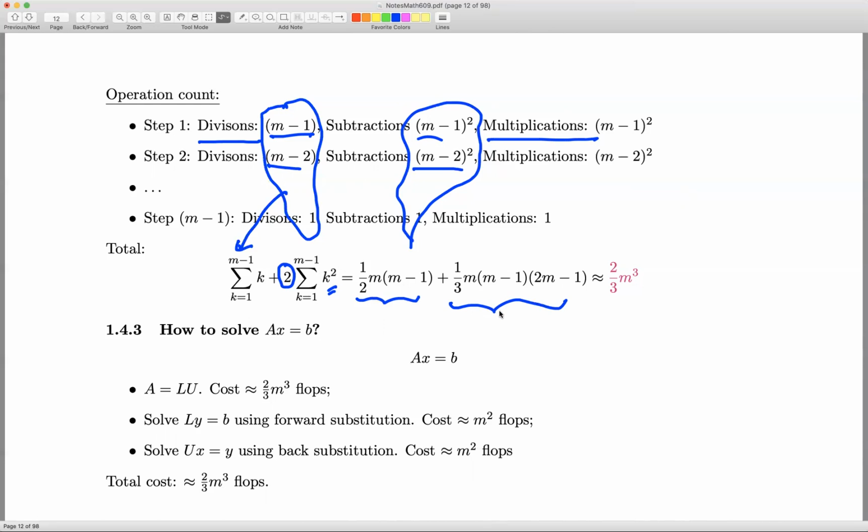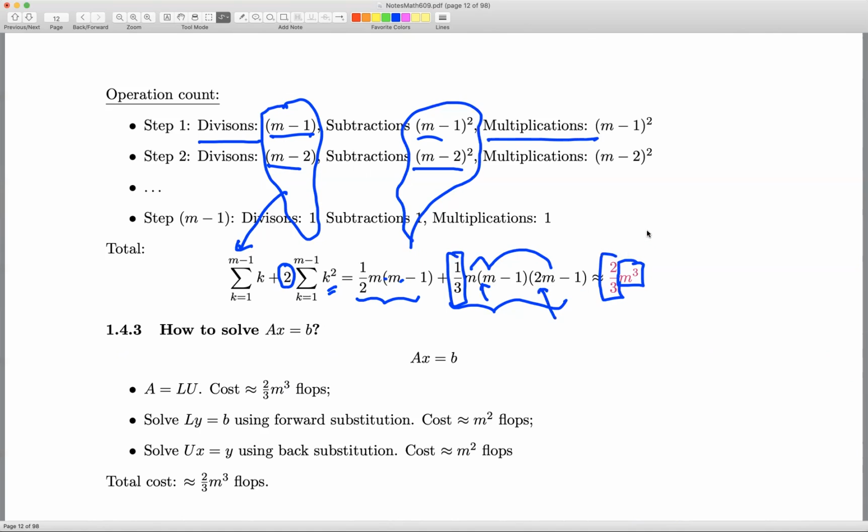Now, we discussed that in this case, we are viewing only the terms with the highest degree. So here we'll have the highest degree 2, m times m. Here the highest degree will be m times this m, so we'll have m to the power 3 as the highest degree, and the coefficient will be 1/3 times 1, because the coefficient in front of m here is 1 times 2. So the coefficient will be 2/3 m to the power 3.